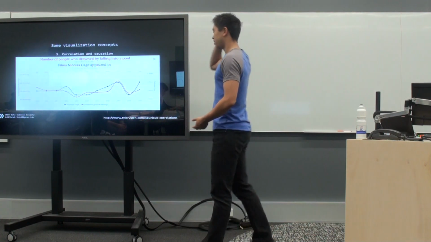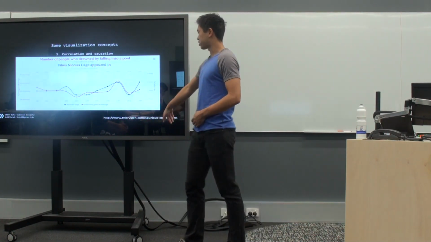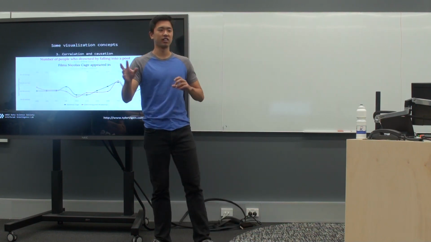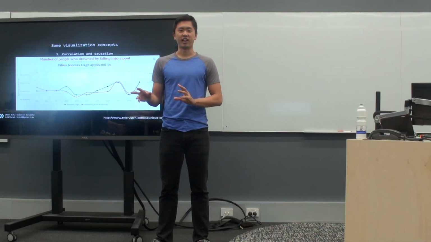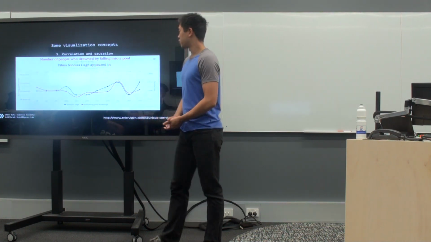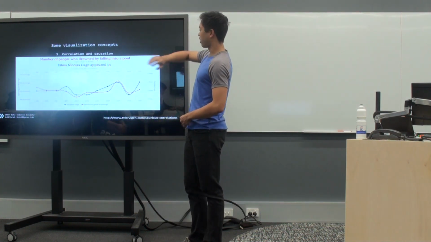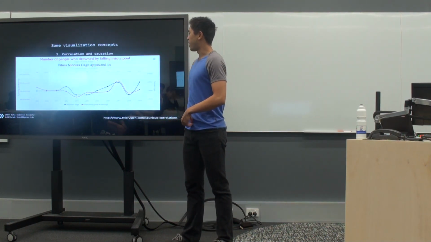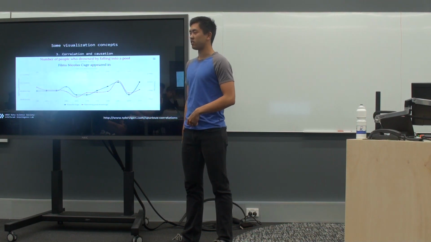But there's a really fun website called Spurious Correlations, and that's where this guy has just kind of pulled out two data points that are extremely correlated, but obviously have no causation. So the first one here, we have the data about number of people who drowned by falling into a pool, and number of films Nicolas Cage appeared in.